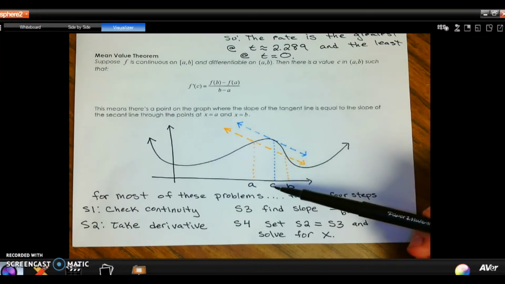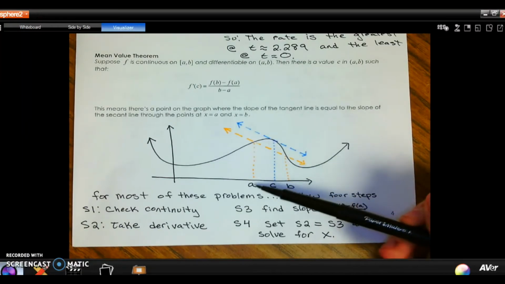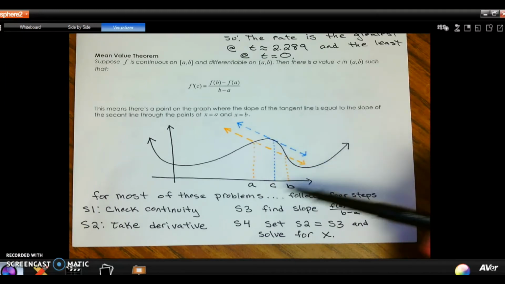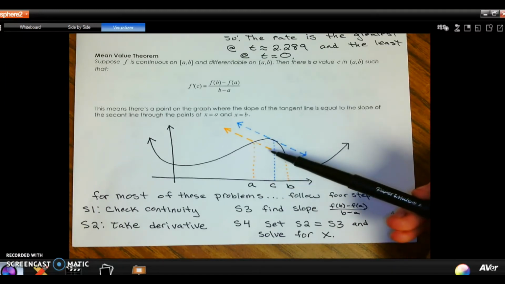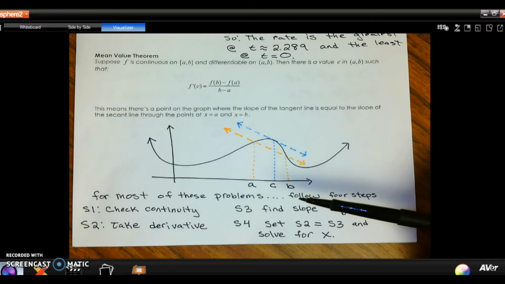We don't know where the C value is, if it's closer to A or closer to B, but somewhere in that interval the derivative will be equal to the average rate of change.